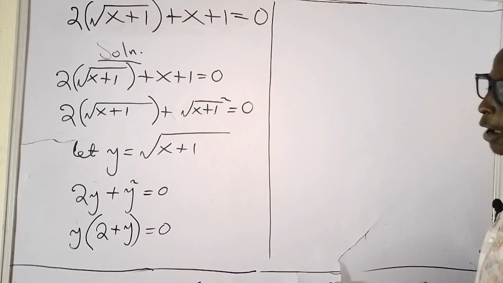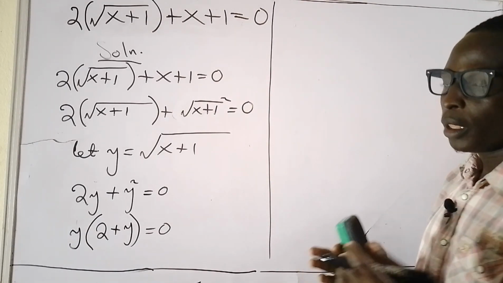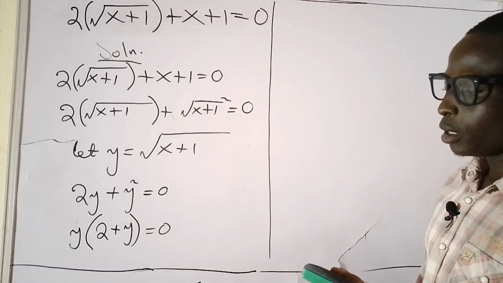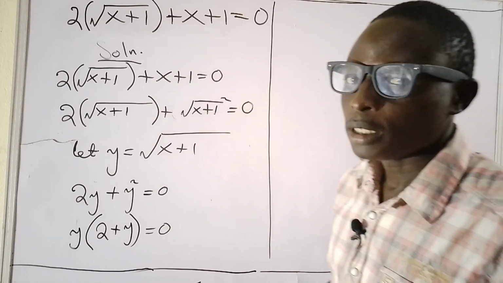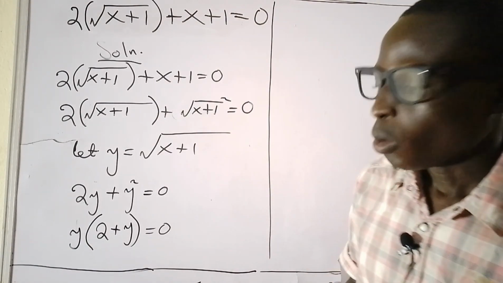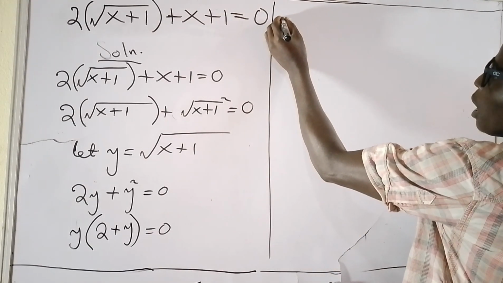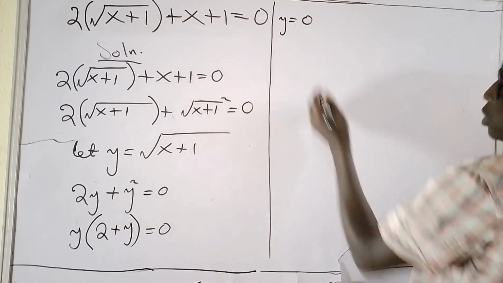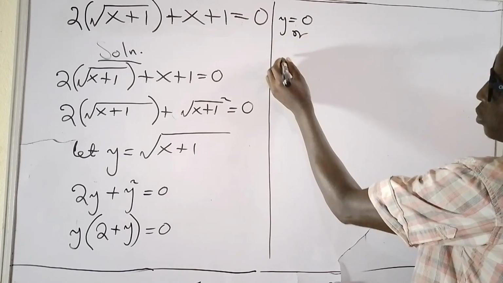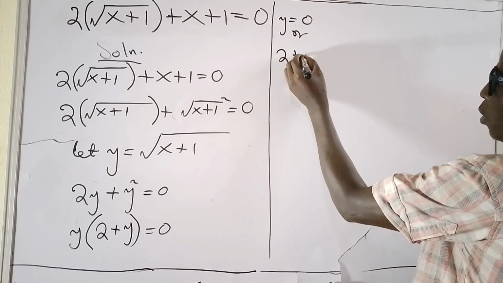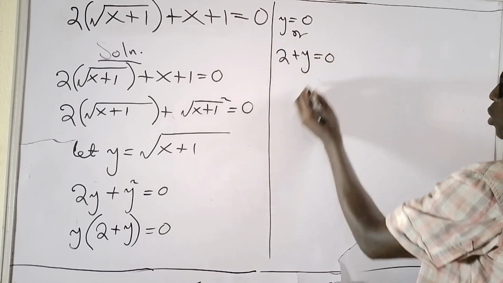So when I have a multiplying b all equals 0, that means it's either a equals 0 or b equals 0. So that means it's either y equals 0 or 2 plus y equals 0.